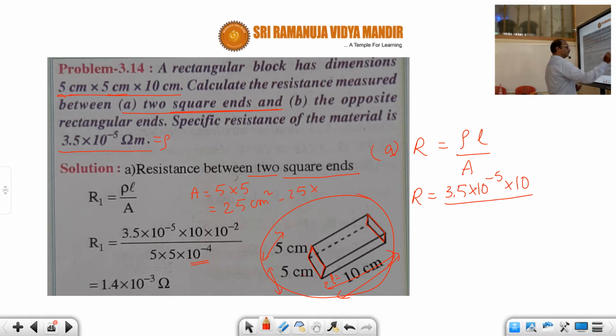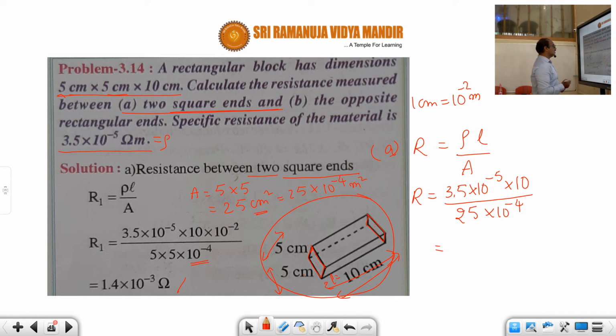Then you will get 10 to the power minus 4 meter square, because the whole square is there. Then 25 into 10 to the power minus 4 will come. Then if you do the calculation, this will be your answer.